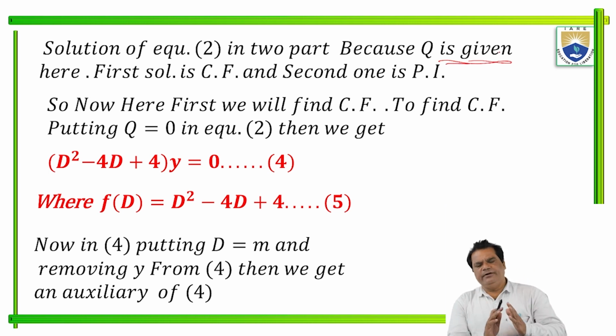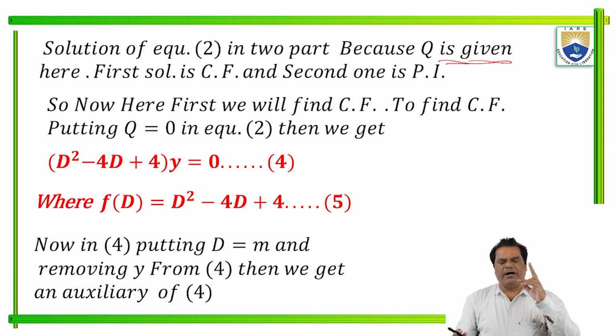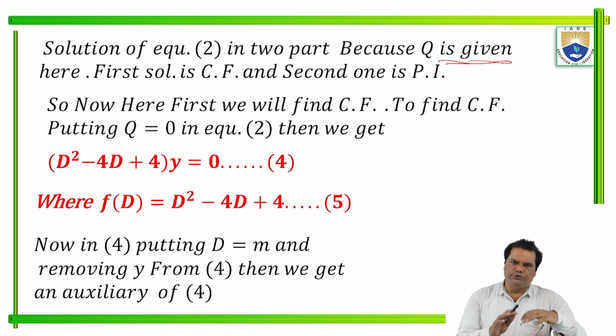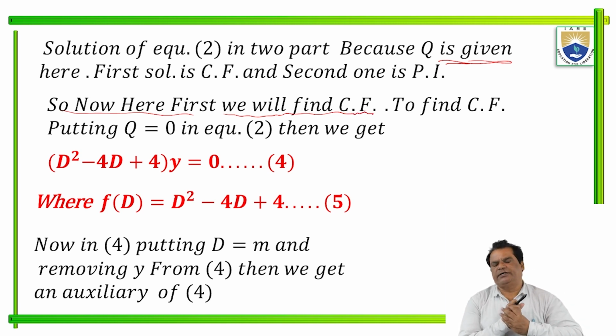If Q is given, then we find two solutions. One solution is the complementary function. The second solution is the particular integral. So in our question Q is given, so first we will find the complementary function. After it we will find the PI, particular integral.